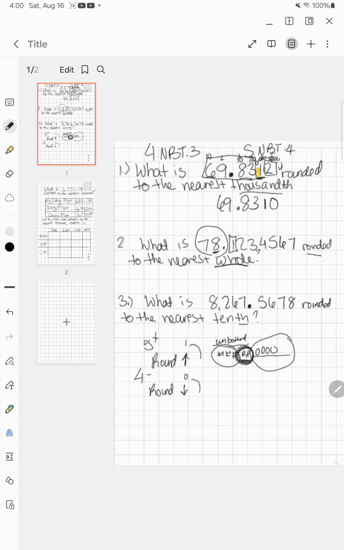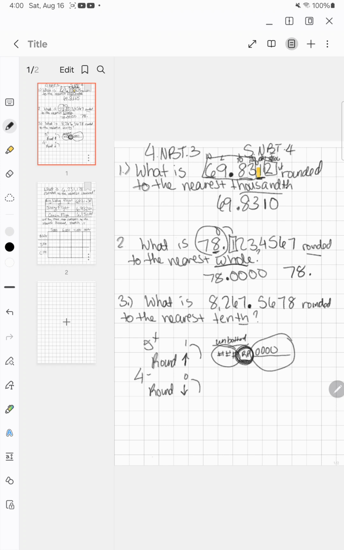With that one, it's going to round down, so I carry a 0. So 78. Everything after the rounding place turns into a 0. And sometimes you'll just see 78 or a dot, decimal.